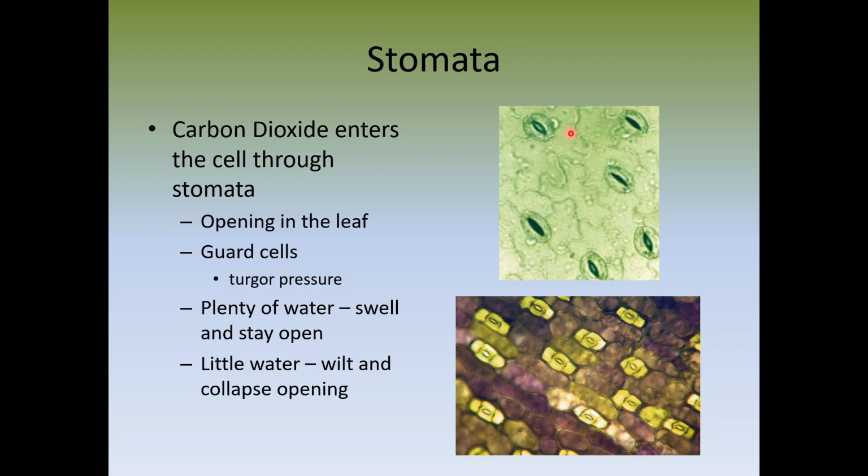But that's okay because there's plenty of water, so the plant can photosynthesize and get CO2 into its leaf. As the plant starts to dry out, it wilts, right? As the plant wilts, these stomata close up, and the wilting is actually an adaptation so that the plant doesn't lose as much water.